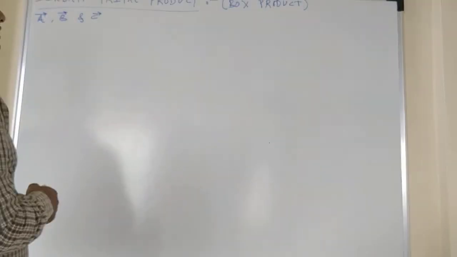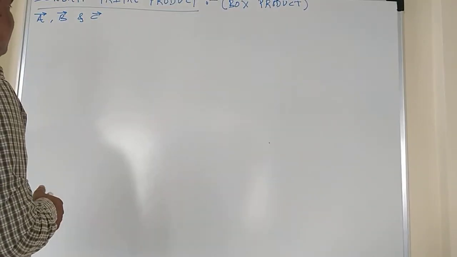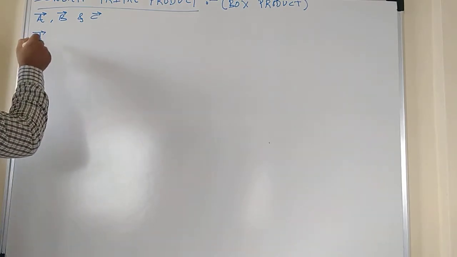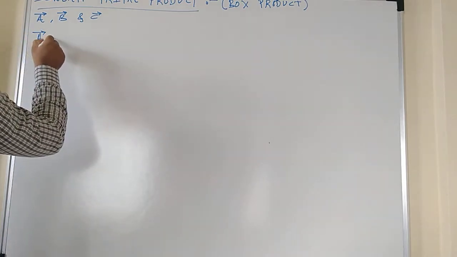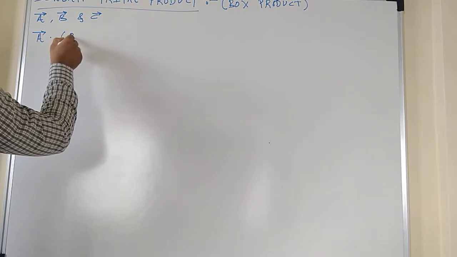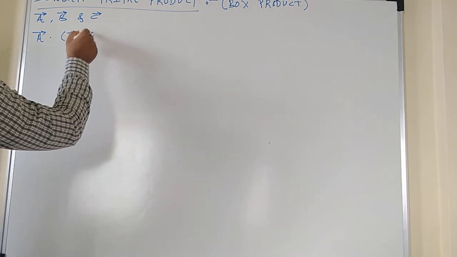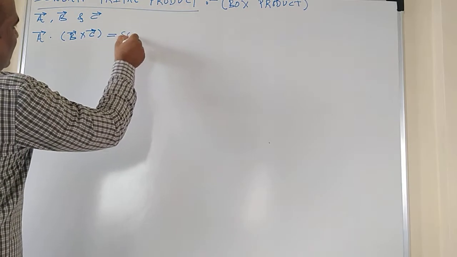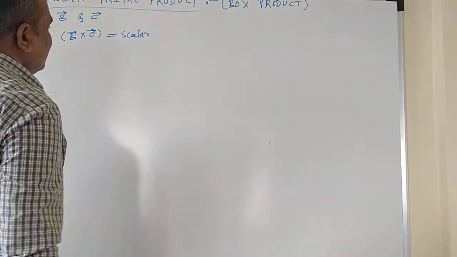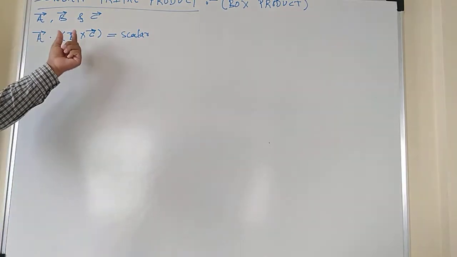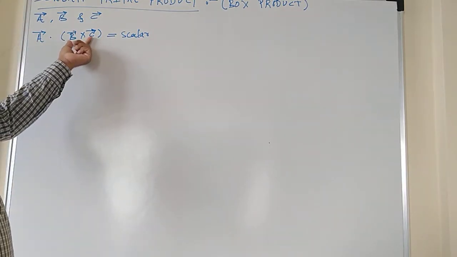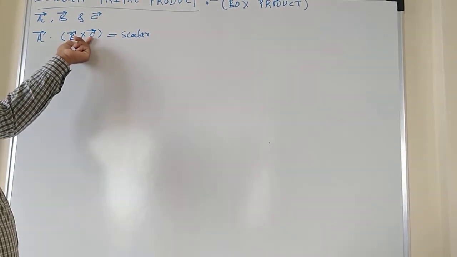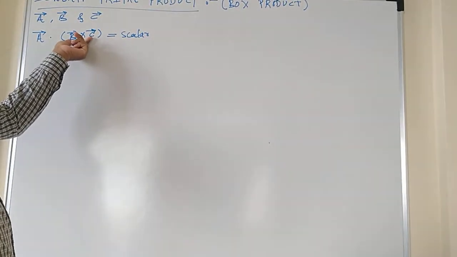So let us consider these three vectors a bar, b bar, and c bar, and if I take the dot product of the first vector with the cross product of the other two vectors, this gives you a scalar, because the cross product of these two vectors b bar and c bar will be a third vector, isn't it?